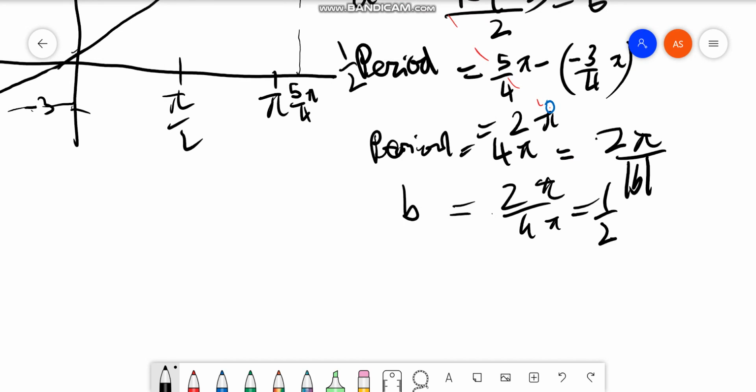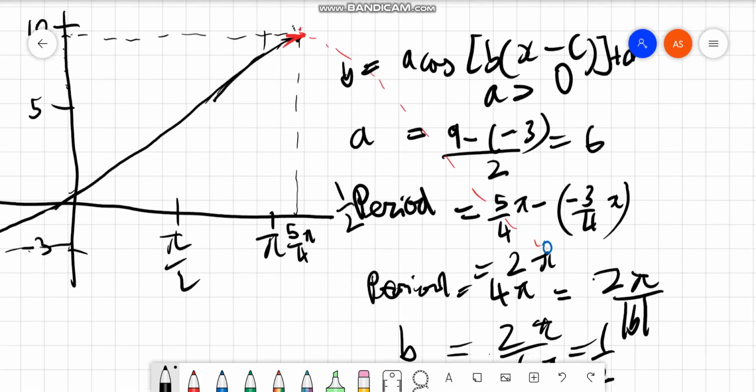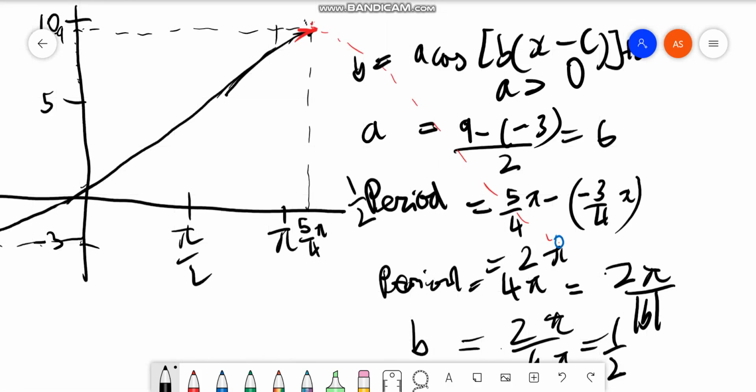And one more thing, we also need d. So to find d, we need to see how much it has moved up by. So let's find the midpoint of this.